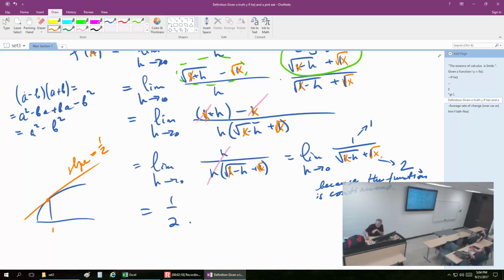To understand which one matters, just look at the limit. H matters. X is fixed, so the limit is with respect to h. So h is going towards 0. So what do we get? In the denominator, yes. That's the answer.